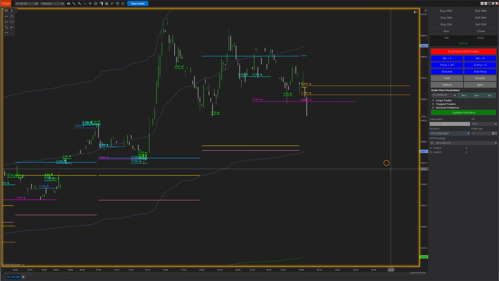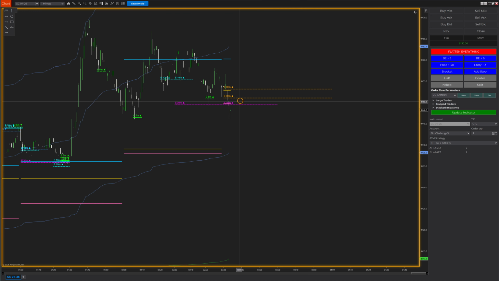So this is interesting here. We're dropping. So this happens in transition periods sometimes, where the signal is still long, or sorry, the bias is still long. But we're transitioning, possibly.